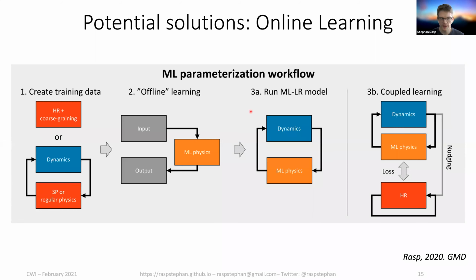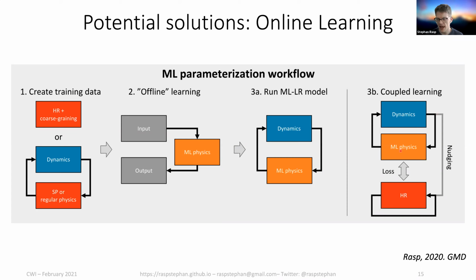Now, the idea of coupled online learning is that this is not where training stops. This is just a first training step, but then you continue learning as you are coupled to your other physics simulation.